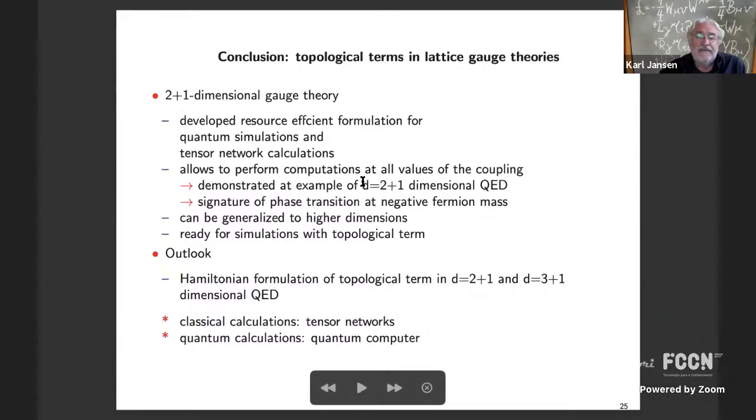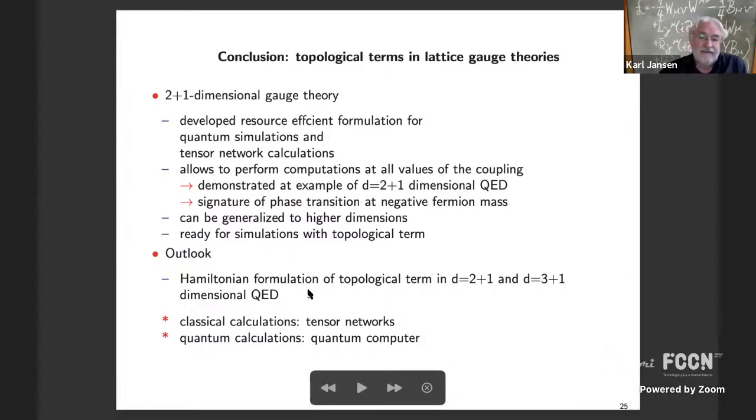This whole setup of switching from electric to magnetic basis and using this scaled truncation can be straightforwardly generalized to higher dimensions, which means that we are actually ready for simulations of these gauge theories in 2 and 3 space dimensions with topological terms, which is something that classical computations cannot do. So this would be something very nice to demonstrate on the quantum computer.